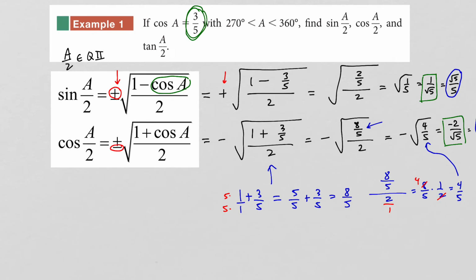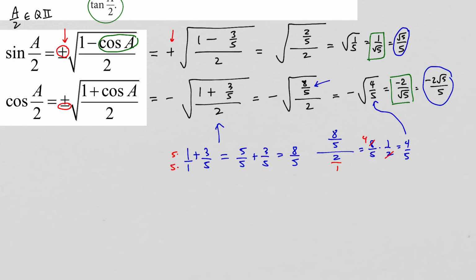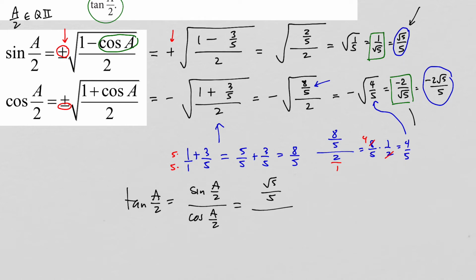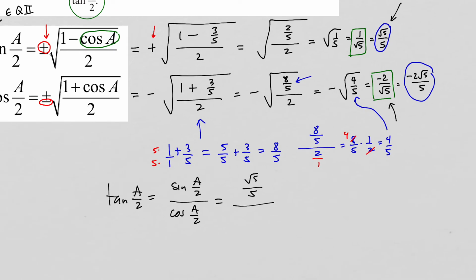Now, the last thing we need to do is just figure out what is the tangent of a over 2. Well, to get the tangent of a over 2, I just need to remember that tangent is always sine divided by cosine. So I just need the sine of a over 2, which is this value up here, radical 5 over 5, and I'm dividing that by the cosine of a over 2, which is negative 2 radical 5 over 5.